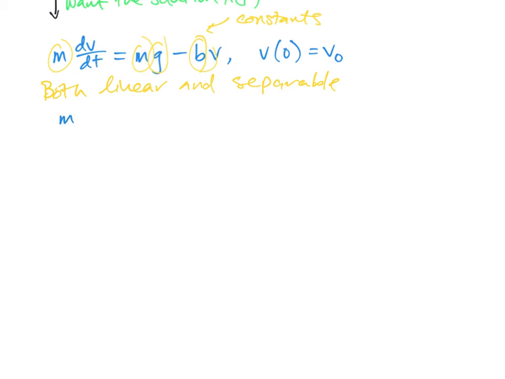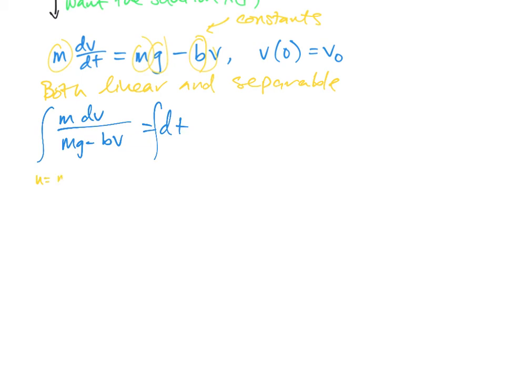And so we have m dv over mg minus bv equals dt, and then take our integral of both sides. So this integral down here on the left, we can do a u substitution. I mean, this is pretty simple.